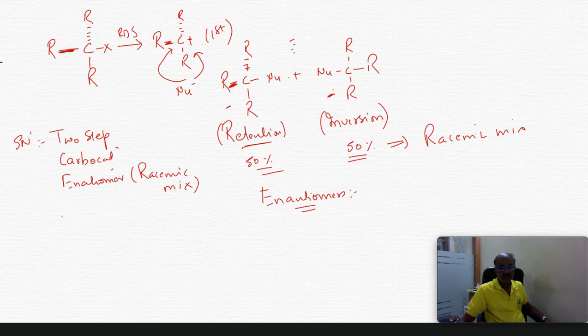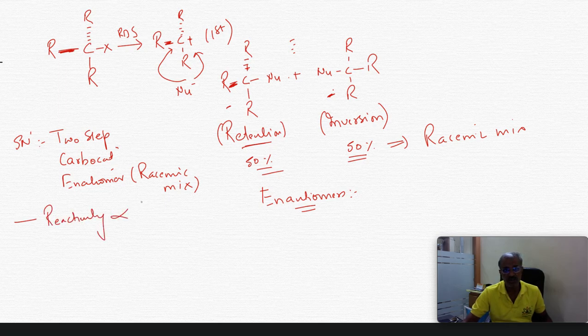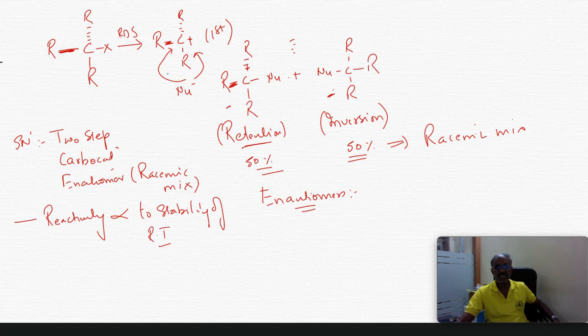Now, as we know, the reactivity of any reaction is directly proportional to the stability of the reaction intermediate. Here the reaction intermediate happens to be a carbocation, right? This is the reaction intermediate.